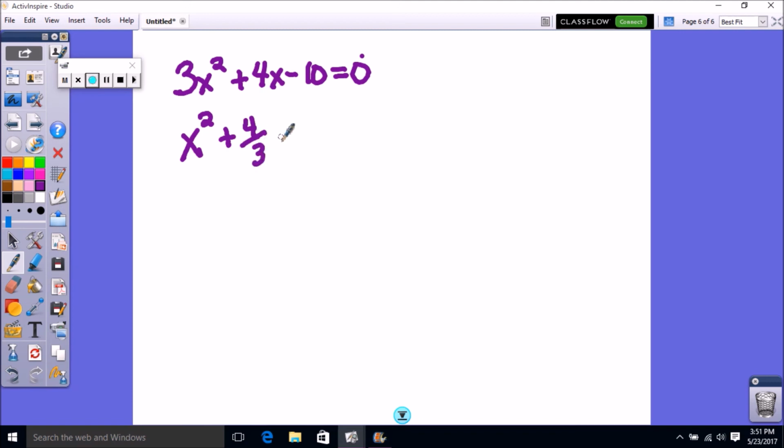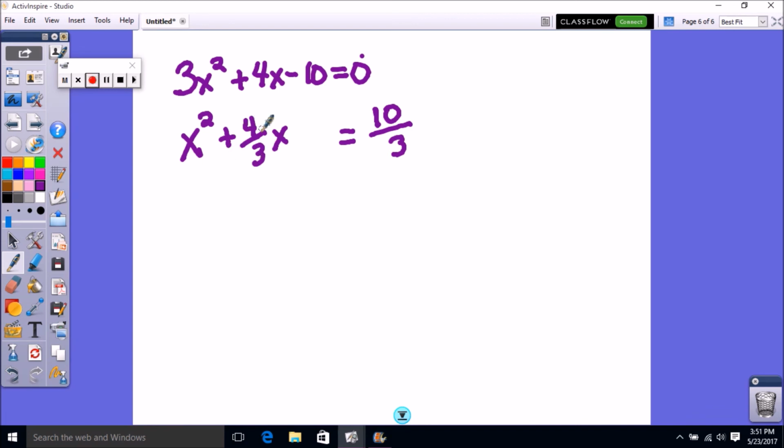You're not at that point yet. Now, when I move the 10 to the other side, it's going to be +10. So I'm going to do 2 steps at once here, and I'm going to have 10 over 3. Correct? Okay. Now, this is where I have to divide the B term by 2.